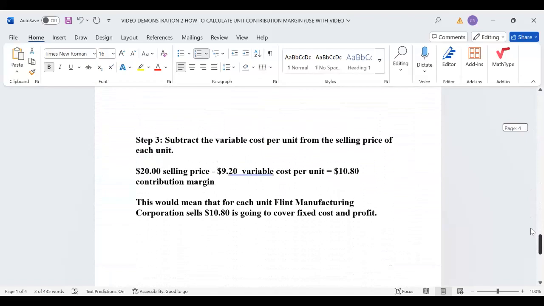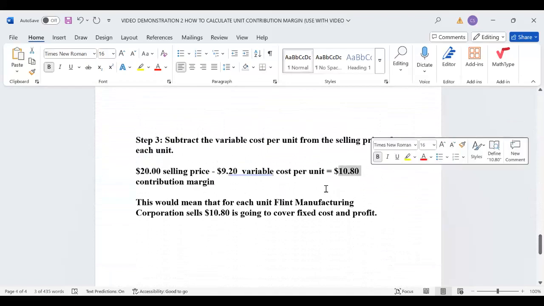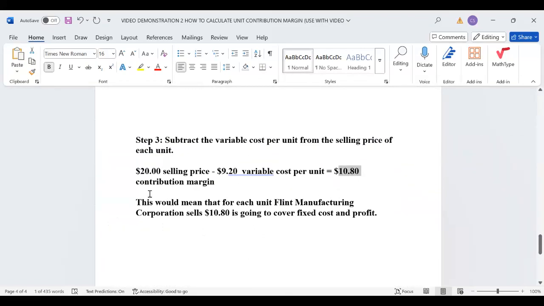So you would subtract 9.20 from 20 to get 10.80, and that's your contribution margin per unit. This would mean that every unit that Flint Manufacturing makes, they make $10.80 that goes towards covering fixed cost and profit.